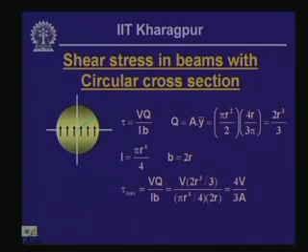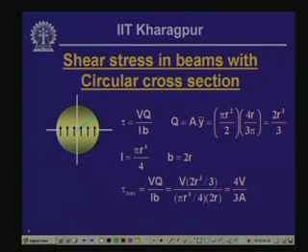Well, now let us look into what the consequence is if the cross section of the beam is a circular one instead of a rectangular one, for the shear formula which we have derived earlier, which is tau equals V q by I b.